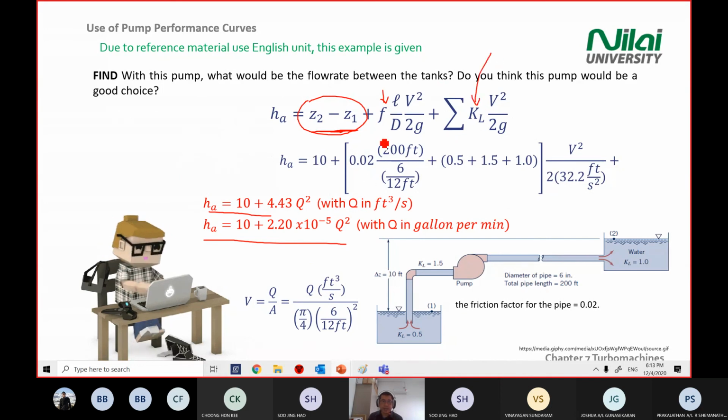This is the friction parameter, right? This one is a minor loss. This is a major loss. So we have major and minor.